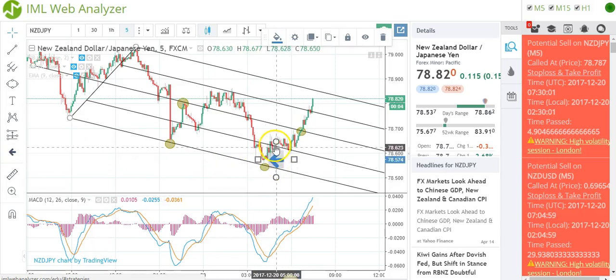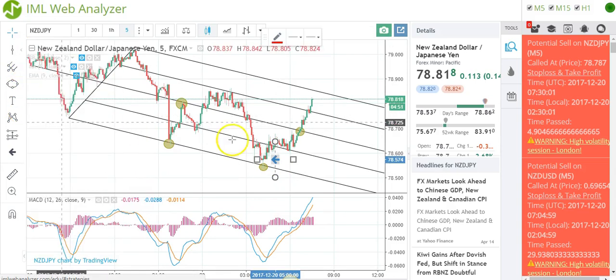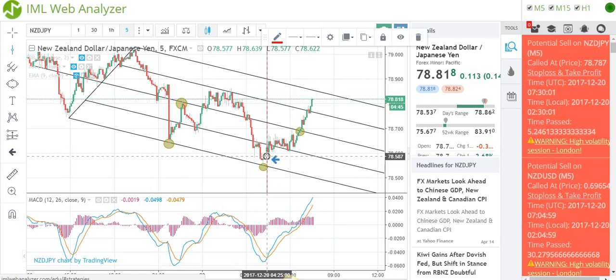Right there, that's where the trade was called. Now, as you can see, like with the pitchfork saying, median, lower parallel, you just got this trade right here.